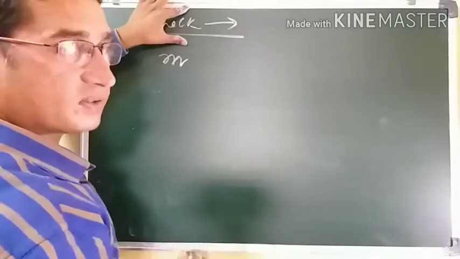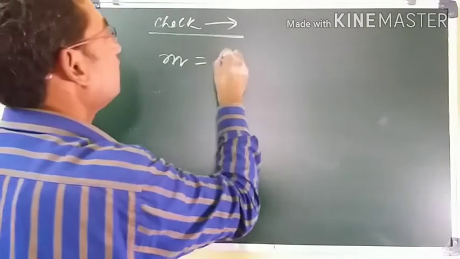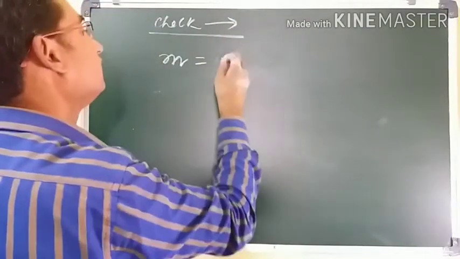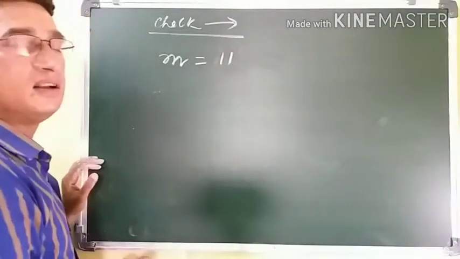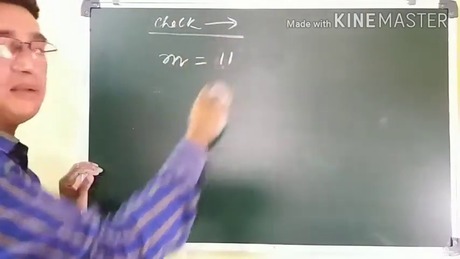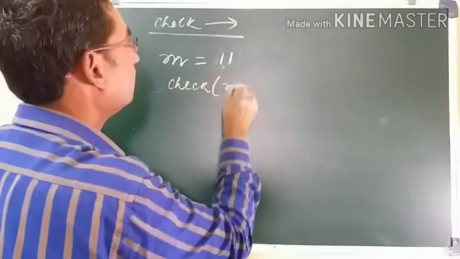Before that you have to write the function, which I have erased. After that function I have written int input. Suppose I have written 11 here. I want to check whether this 11 is a prime number or not. You simply have to write check m here.